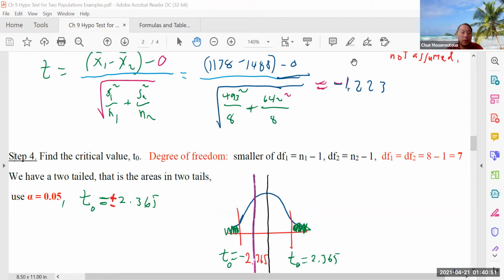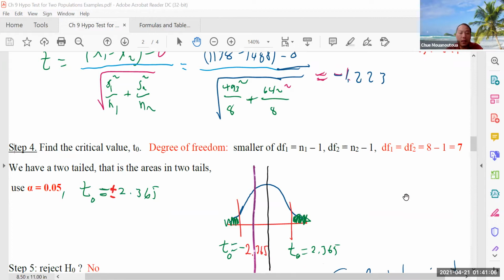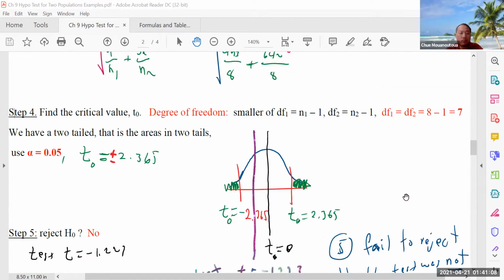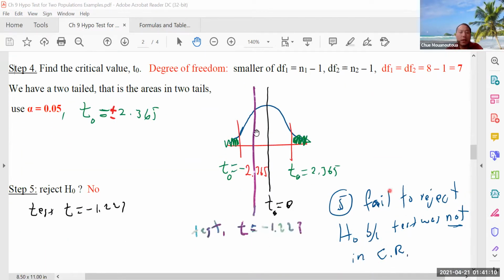So here we go again. The critical value t is positive or negative 2.365. Here I draw this graph, with the left tail and right tail.